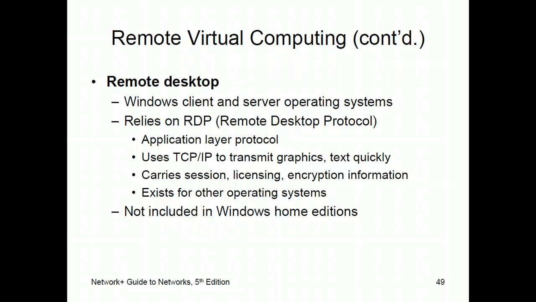The Remote Desktop Protocol, which is a Windows protocol, works on the application layer and uses TCP/IP. It's generally used for Windows computers in a local domain, a local area network only. Okay, not to connect across regions, but within buildings.